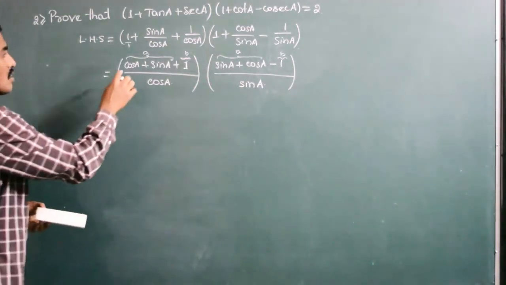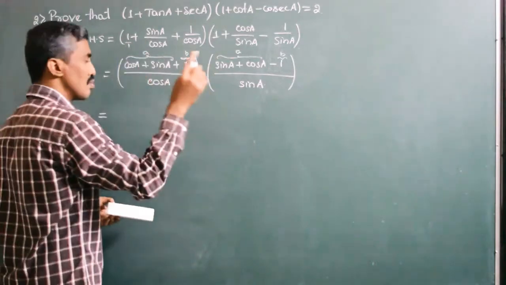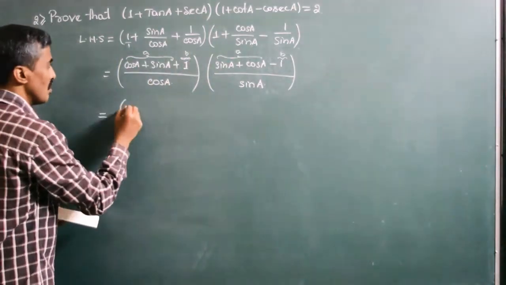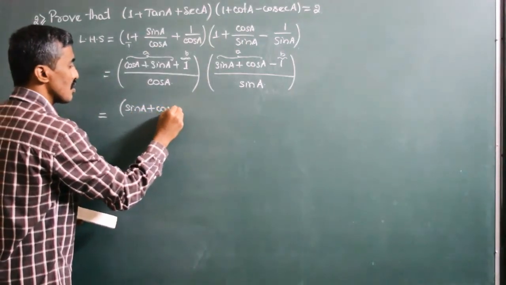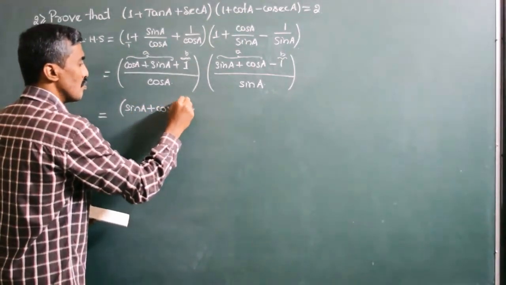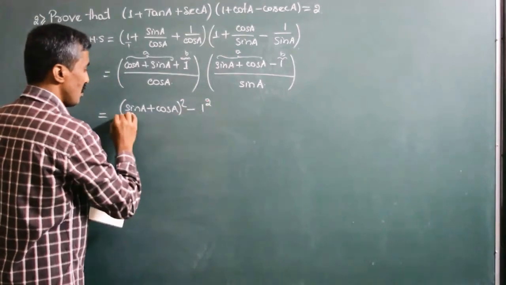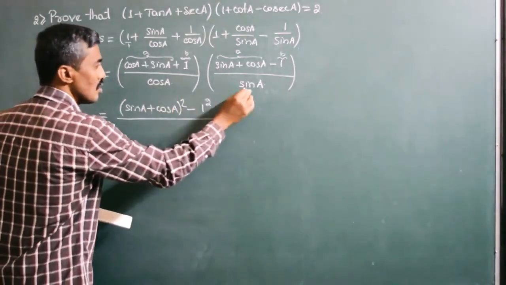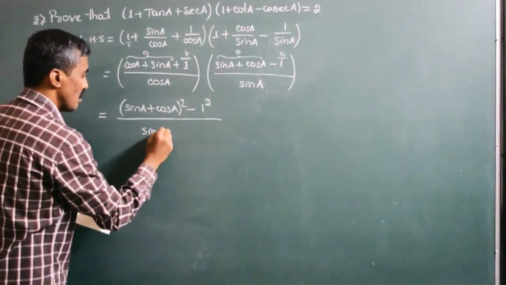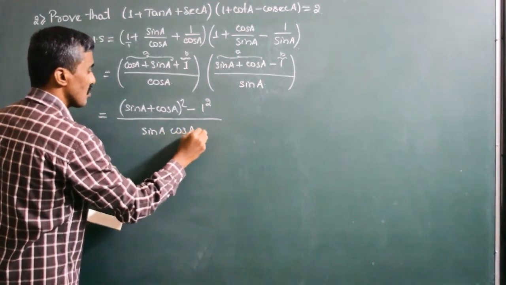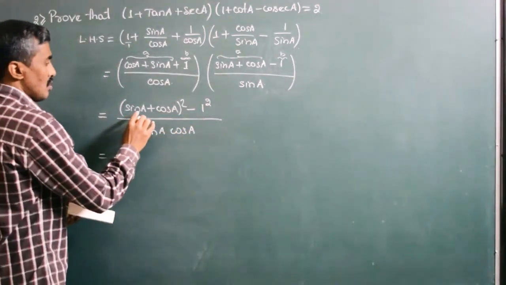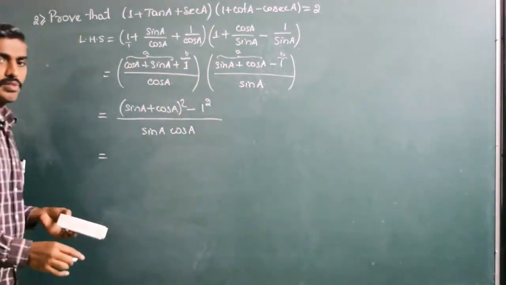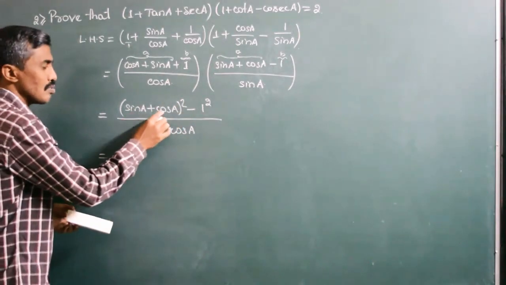Here a is sin A plus cos A and b is 1. So in the next step, write it as (sin A plus cos A) whole square minus 1 square, whole divided by cos A into sin A, that is sin A into cos A. Now (sin A plus cos A) whole square is of the form (a plus b) whole square.